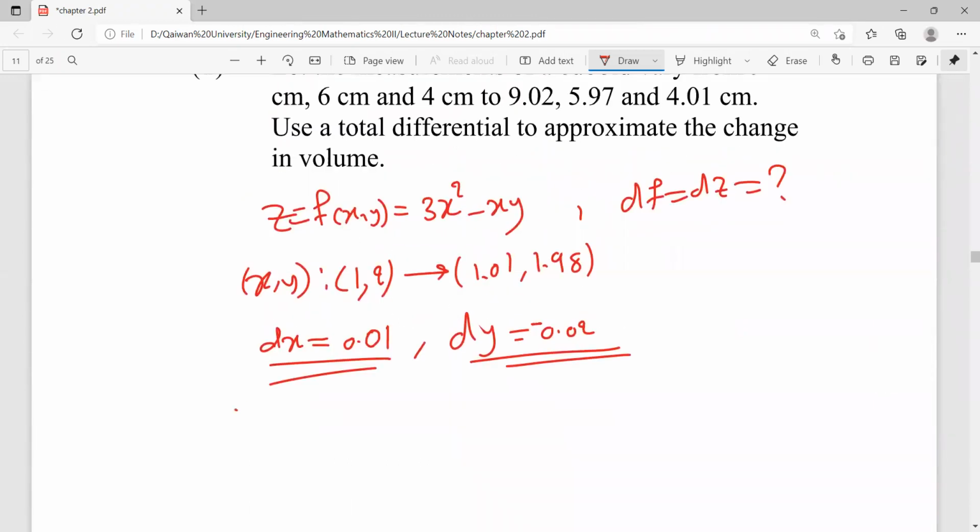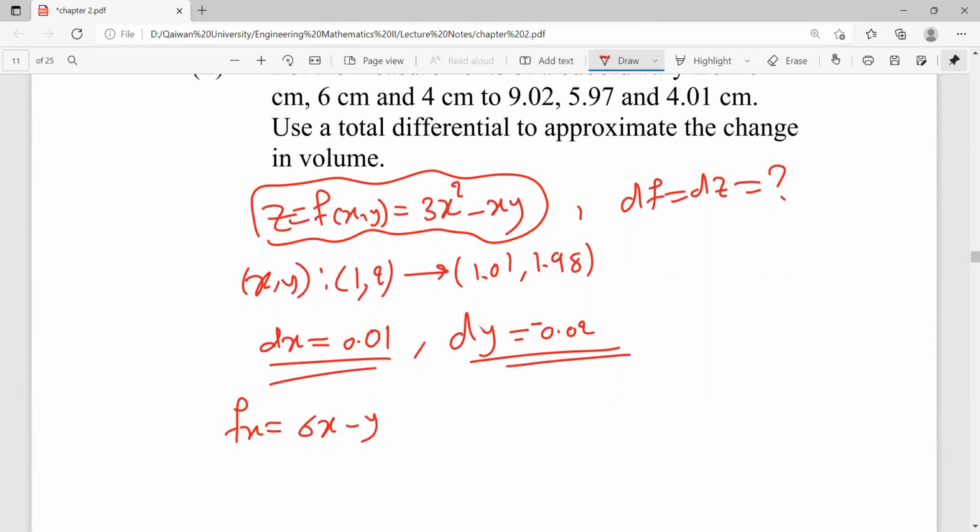Let's find it. F sub x equals what? Here we are going to find the derivative of this function with respect to x. So we get 6x minus y. And then we should find f sub y also. What's f sub y? F sub y is only negative x.